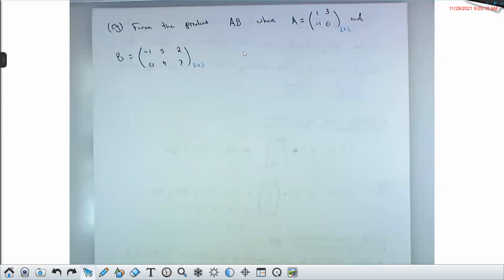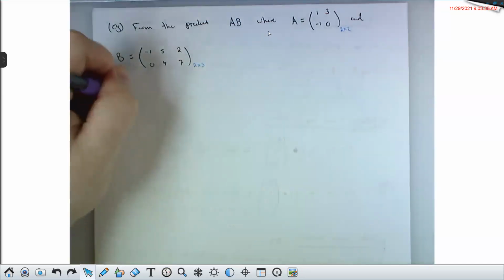One of the things you may notice here is that AB can be formed, but BA cannot be formed. So the order matters. This means matrix multiplication is not commutative. I'll give you more examples of that in a minute. But here's how we do it.